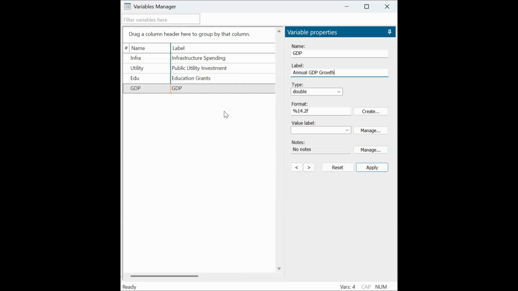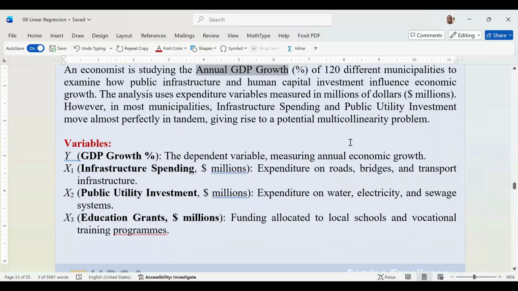Annual GDP growth. Okay. So that's a label. So the dependent variable is GDP growth. The independent variables are X1, X2, X3, which represent infrastructure spending, public utility investment, and education grant, respectively.